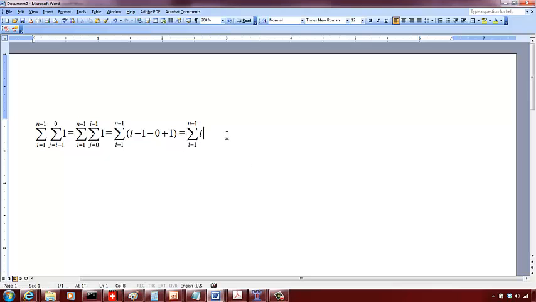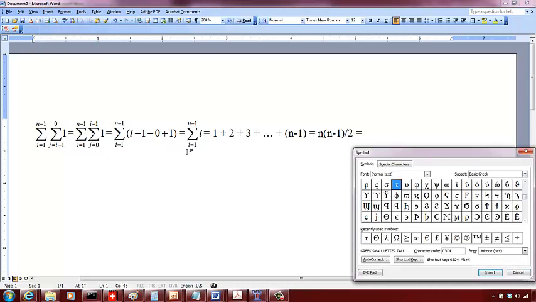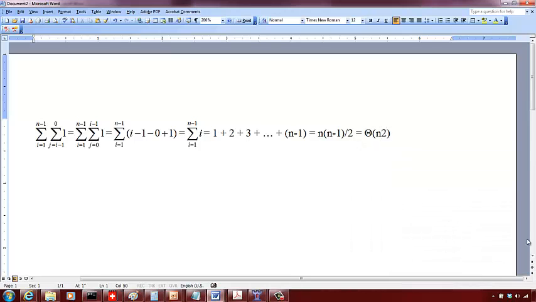And so that is nothing but 1 plus 2 plus 3 up to n minus 1, and that's going to be n times n minus 1 over 2. So that is theta of n square. Okay, so at the worst case, insertion sort is n square, whereas at the best case it is going to be n.